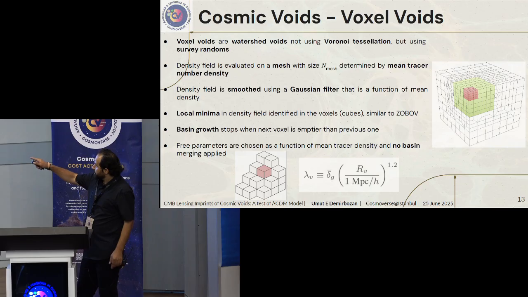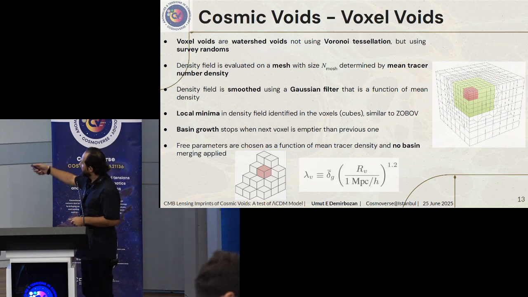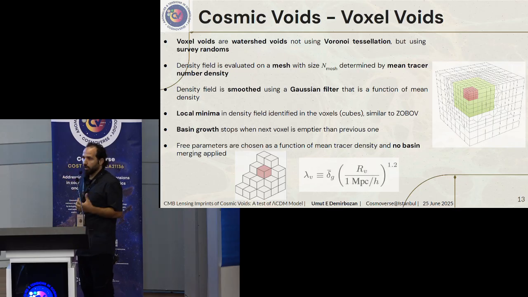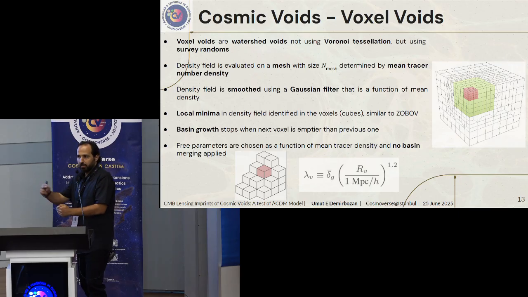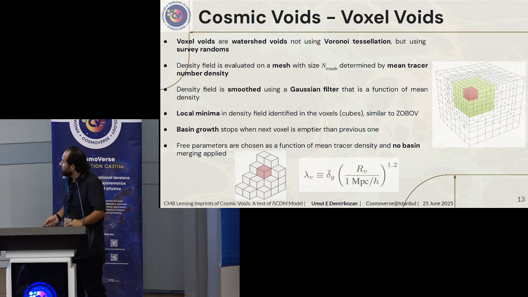However, the size of the mesh and the size of the Gaussian filter are a function of mean density. So we do not actually have any analysis choice when smoothing or when choosing the size of the mesh. If there is high number density, you take smaller cubes. If there is low number density, you take slightly larger cubes and you smooth with a larger scale. So it looks like an ingenious algorithm.